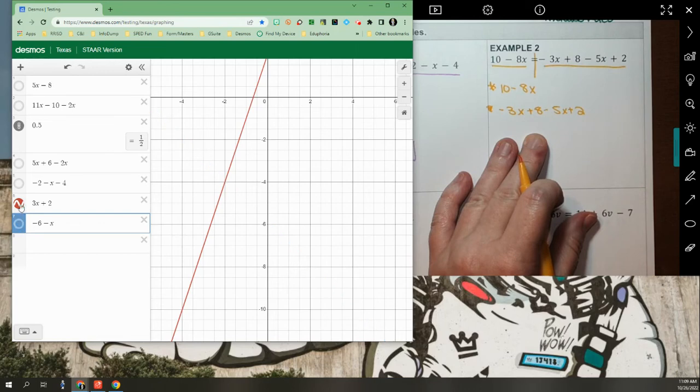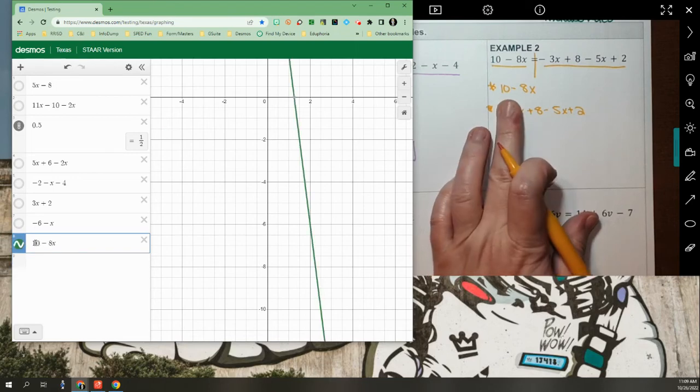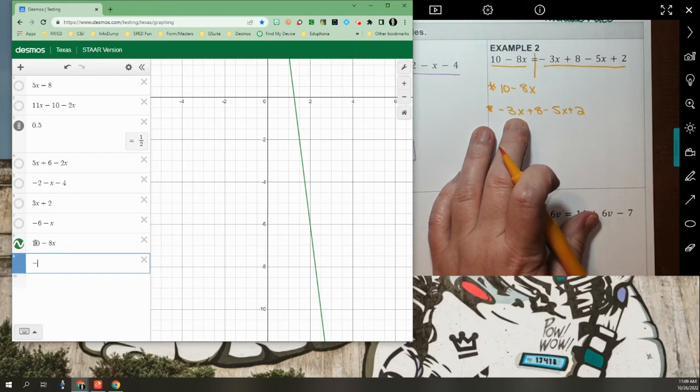Okay, I'm going to turn these lines off because I don't need them anymore. 10 minus 8x, that's my first side. Negative 3x plus 8 minus 5x plus 2.